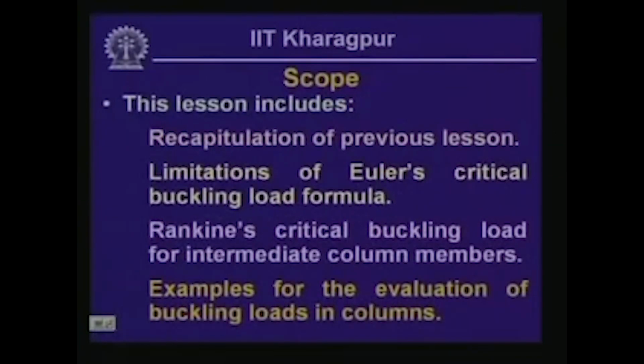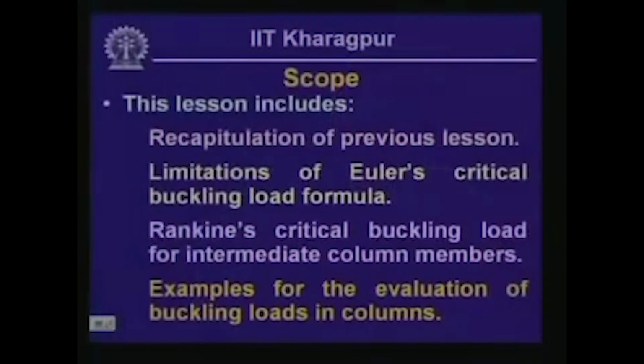The scope of this particular lesson therefore includes the recapitulation of the previous lesson. We will look into some aspects of the lesson we discussed in the previous class, wherein we gave the concept of buckling and stability, and discussed Euler's critical buckling formula. We will look into some more aspects of that.